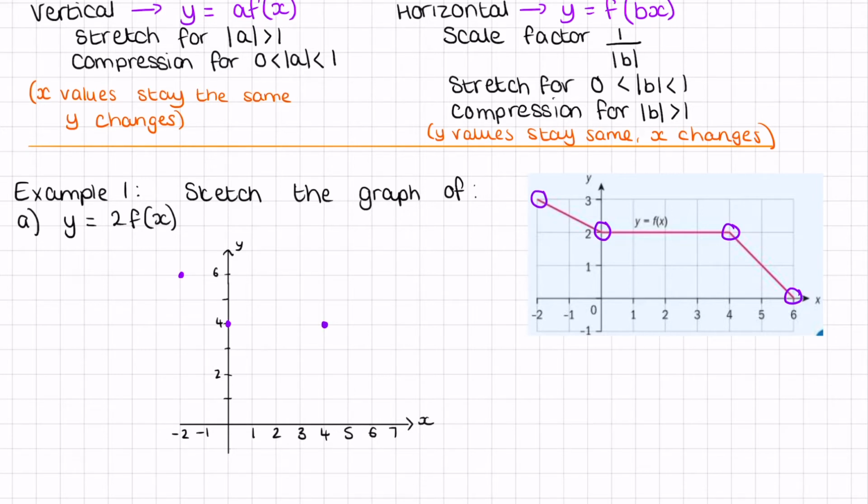And the last point is at 6, 0. If we multiply that by 2, it's still going to be at 6, 0. Once we've done that, we can join our dots. That is how a vertical dilation works, with a value greater than 1 in front of the function.